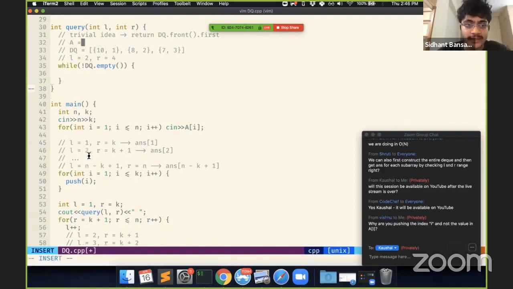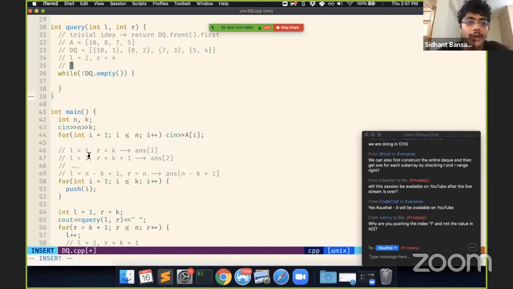Your array looks something like this: 10, 8, 7, and let's say the next element is 5, then 4. Your DQ looks like this, your L is 2, R is 4. Let's say the query function gets L as 2 and R as 4. Now you'll actually return 10, which is wrong in the trivial idea that we had earlier. What we want to do is pop out 10.